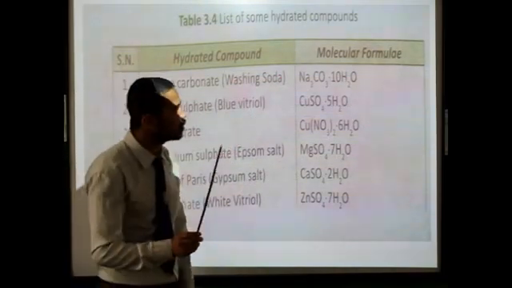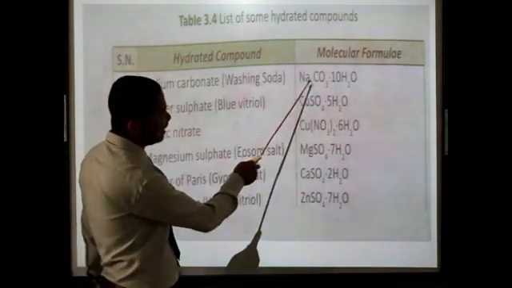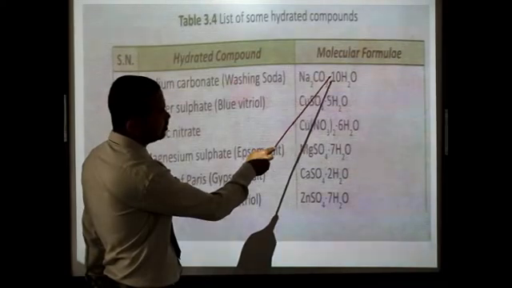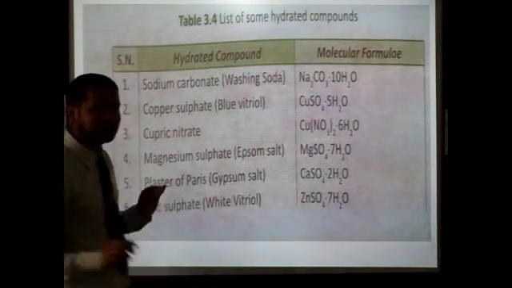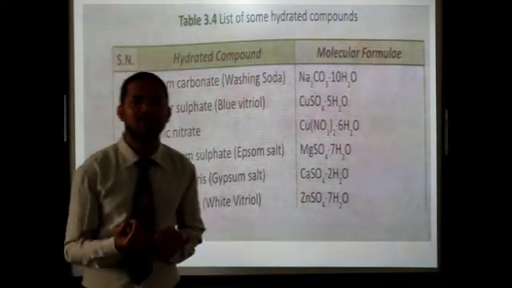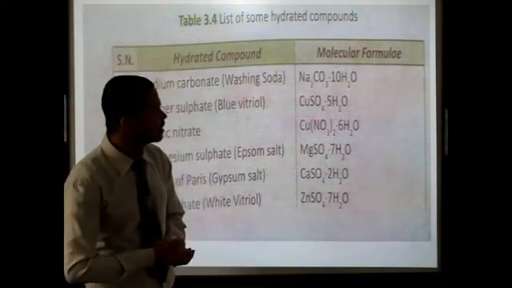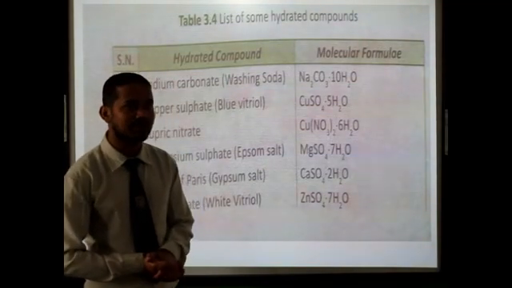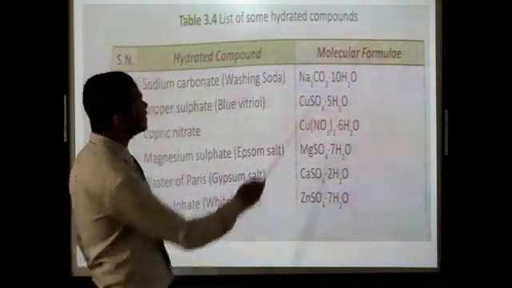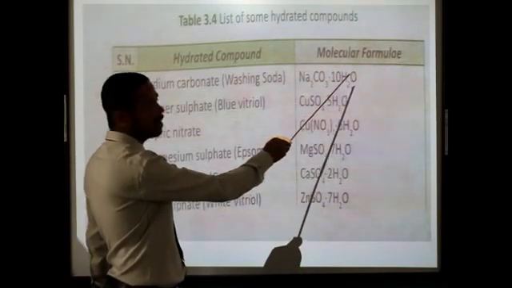What is the molecular formula of sodium carbonate? Na2CO3.10H2O. That means one molecule of washing soda contains 10 molecules of water. That's why this is called a hydrated compound.